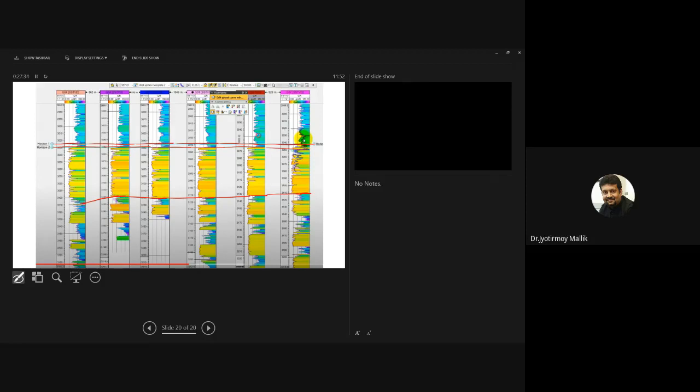I can perhaps find another sandstone unit here. Now perhaps this is the same sandstone unit. Don't know. Maybe it's missing here. That comes back again somewhere here with a shale in between.